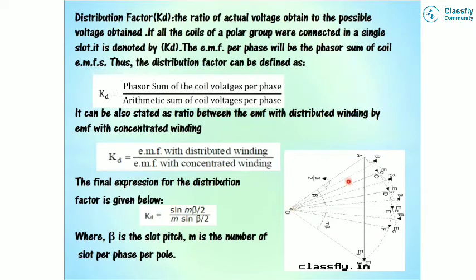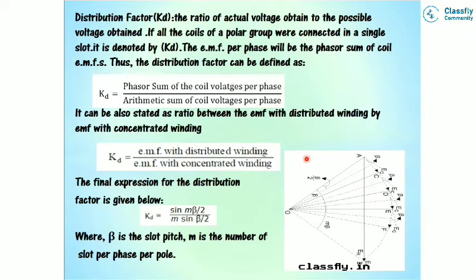Then the distribution factor can be stated as the phasor sum of the coil voltages by the arithmetic sum. It can also be stated as the ratio of the distributed winding to the concentrated winding. So Kd is the EMF with distributed winding by the EMF with concentrated winding.